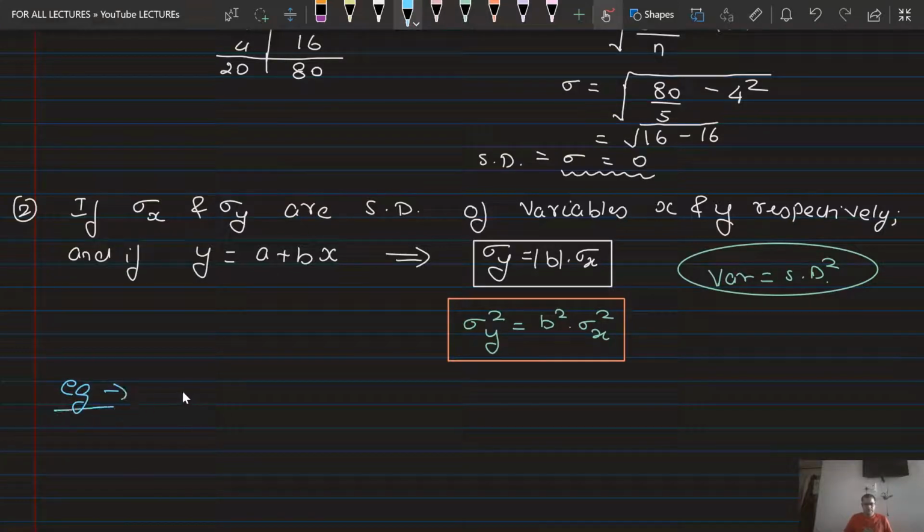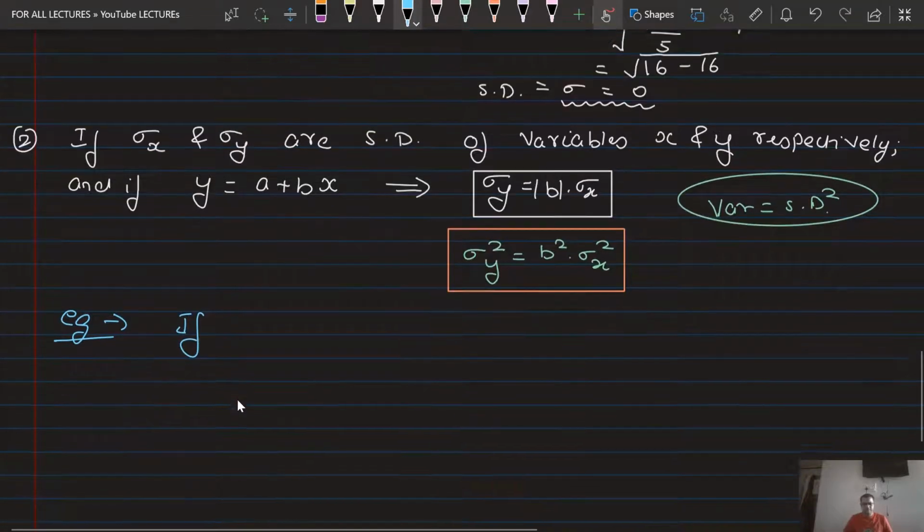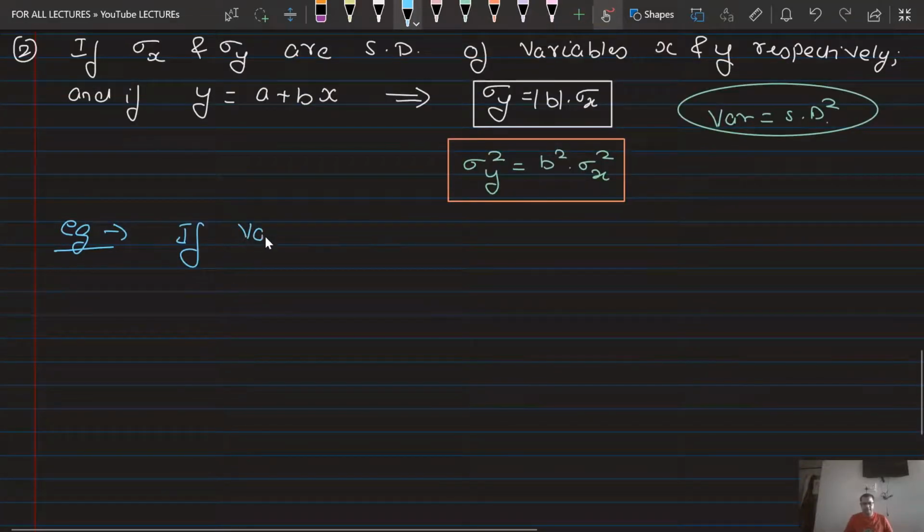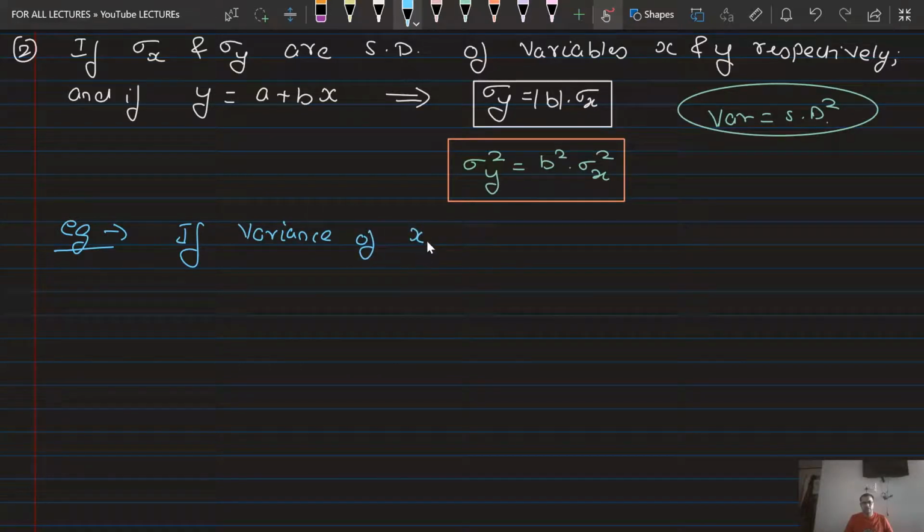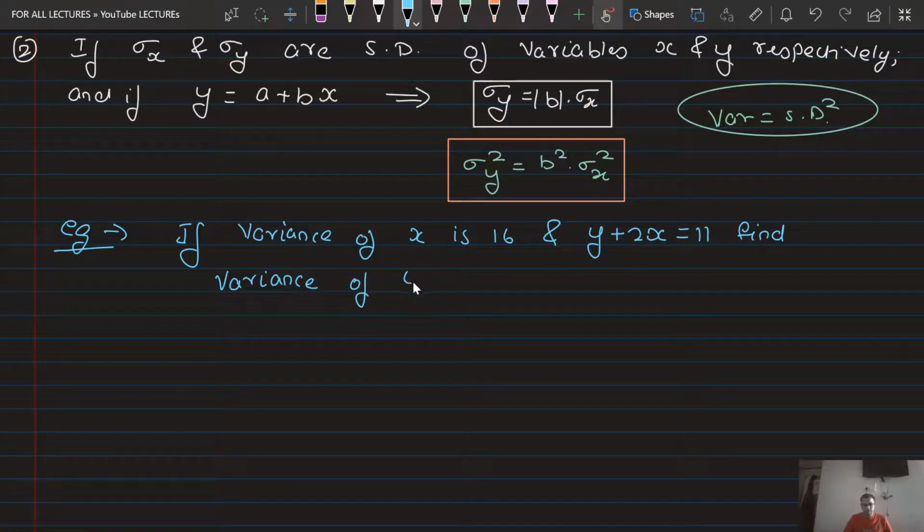Example: if the statement is like this, variance of x is 16 and y plus 2x is equal to 11, find the variance of y.